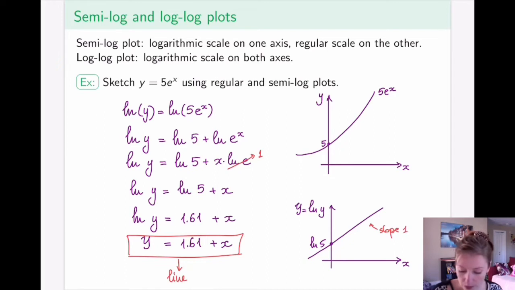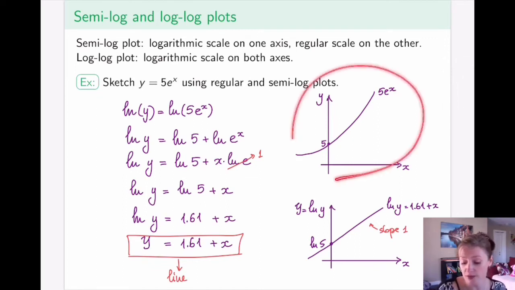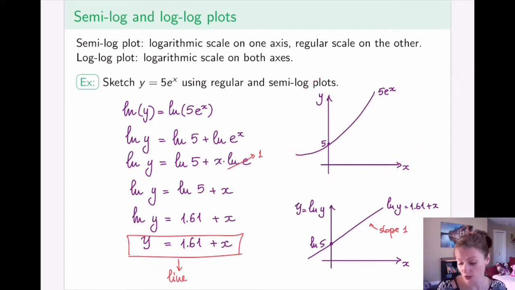And this is my line, ln of y equals 1.61 plus x. So once again, simply by applying logarithm to both sides of my equation, I've managed to transform an exponential looking graph to a linear looking one. This is if you start with an exponential function to begin with.